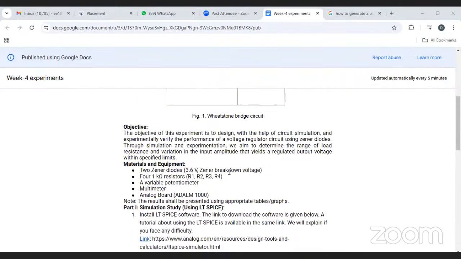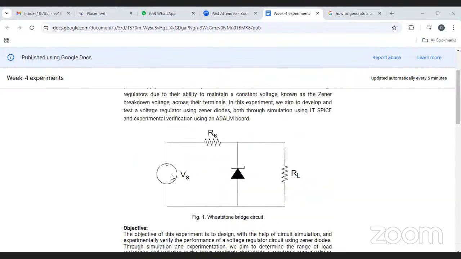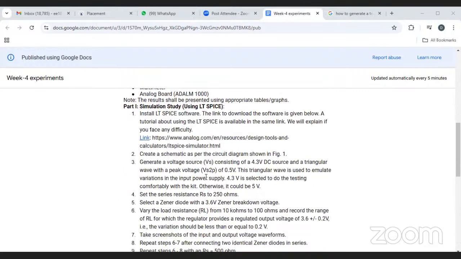You can use two sources in series, or you can just use a triangular wave varying from 3.8 to 4.8. That means if the DC reference voltage is 4.3 volt and we add a triangular wave on top of that DC voltage, the maximum peak voltage will be 4.3 plus 0.5, that is 4.8, and the minimum will be 4.3 minus 0.5, that is 3.8.